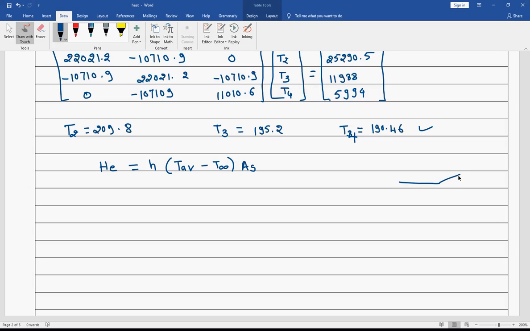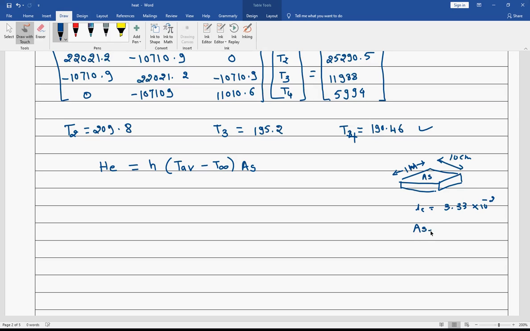So this is the fin. So this is AS, top surface. The width is given as 1 meter, and the length is given as 10 centimeters overall, and the length of each element is 3.33 into 10 to the power minus 2.